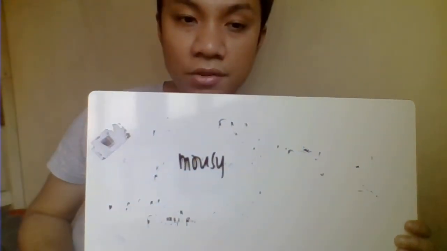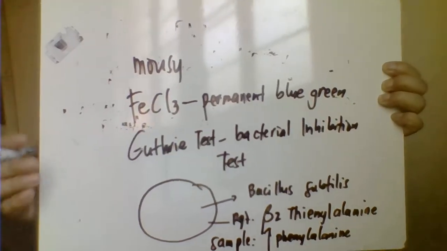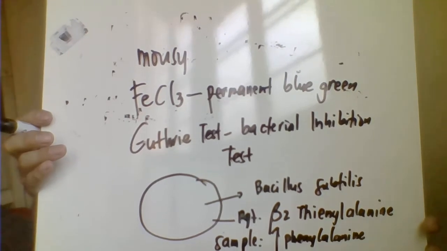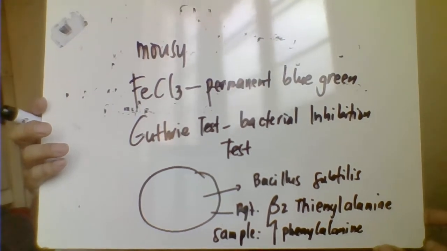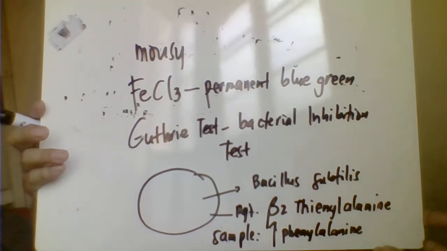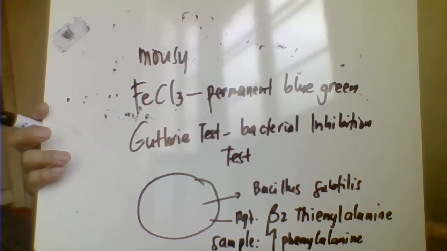Another one, we have the ferric chloride test, which is identified by the presence of a permanent blue-green color.